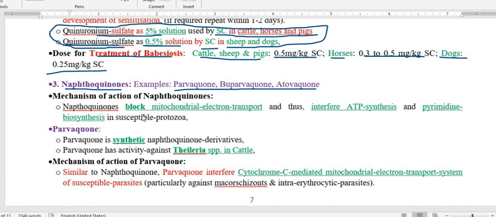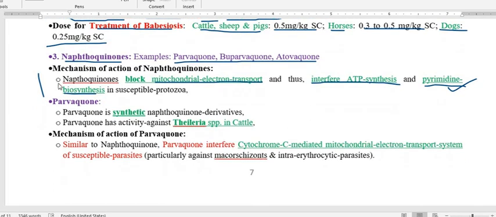So the drugs belonging to naphthoquinones are parvaquone, buparvaquone, and atovaquone. The mechanism of action is that the drug acts on the energy system of the parasite, that is the mitochondrial electron transport system, and therefore it interferes in ATP synthesis, as well as in pyrimidine synthesis of the susceptible protozoa.